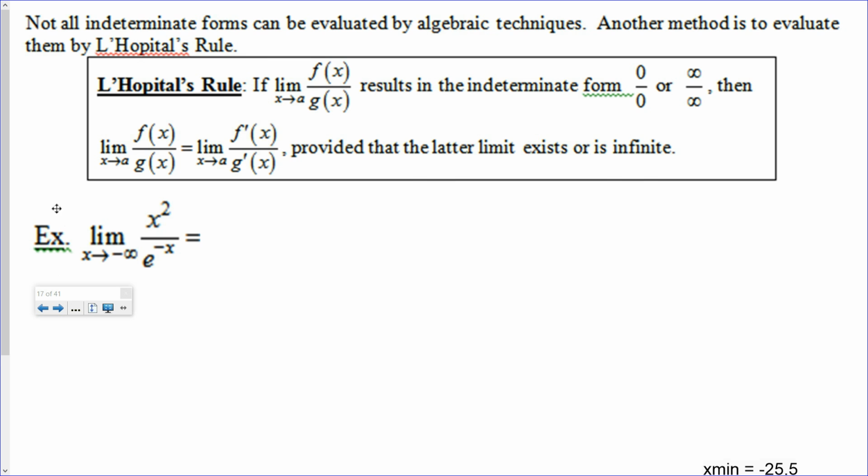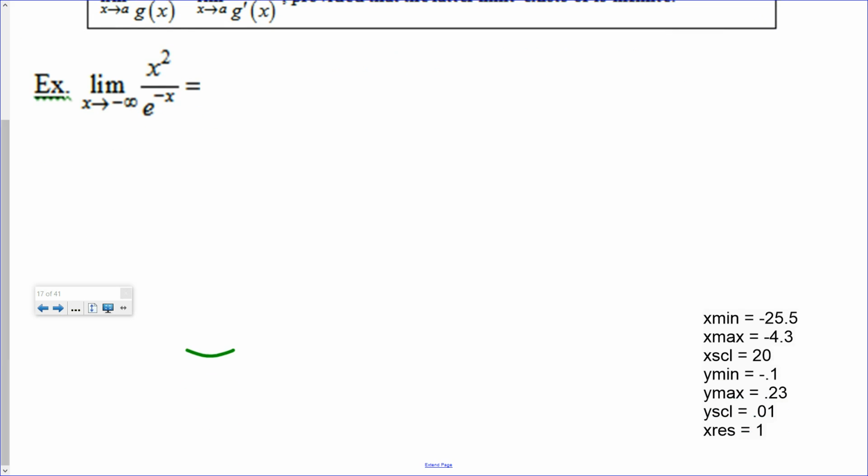Let's look at this problem here. This is in your notes. Okay, and when we look at this problem, the first thing I would do is plug in, because I could try to find big over small, or whatever, but I'm kind of getting confused because it's e to the negative x, okay? So let me plug in and think what's going to happen here.